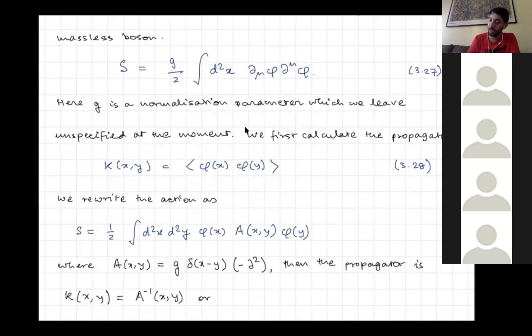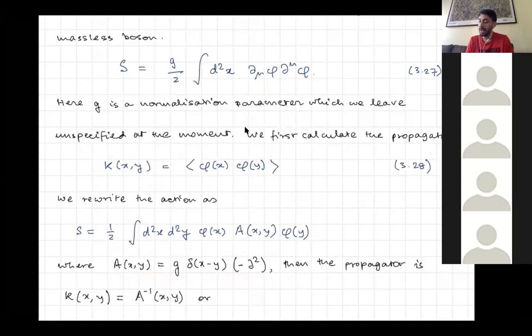You rewrite S in the following way, as an integral like this, where this A is of the form A(x,y) equals delta of x minus y, times this particular operator, minus del squared.